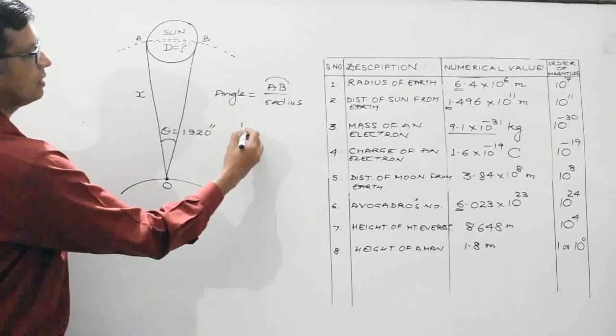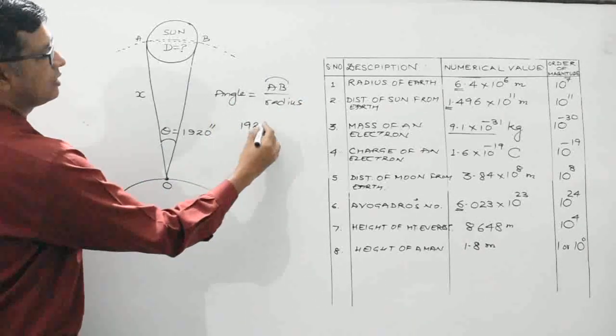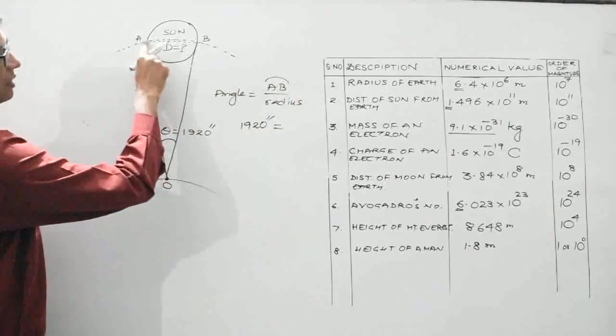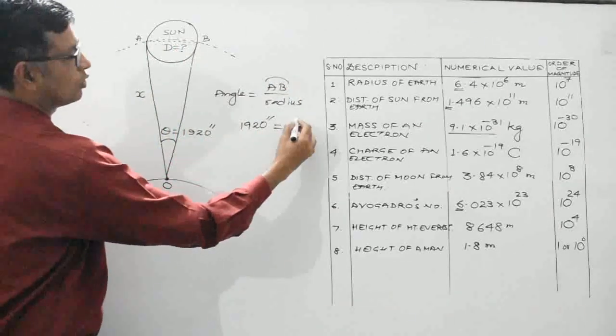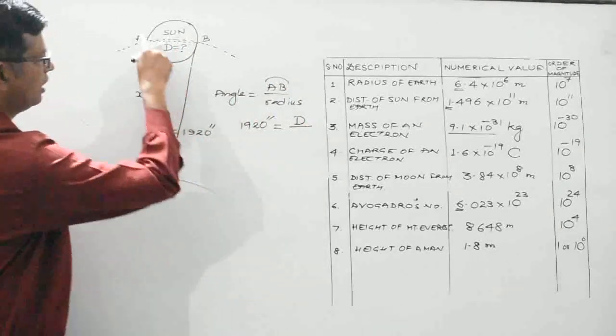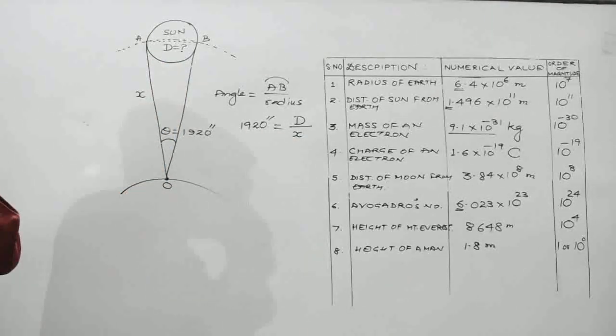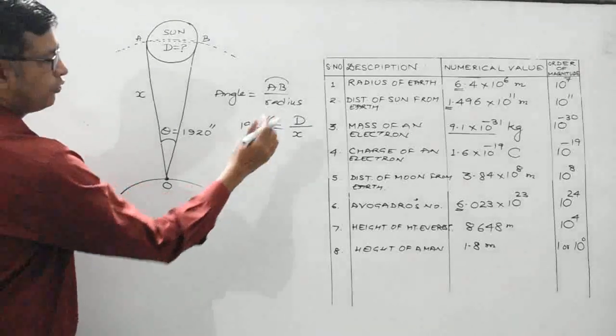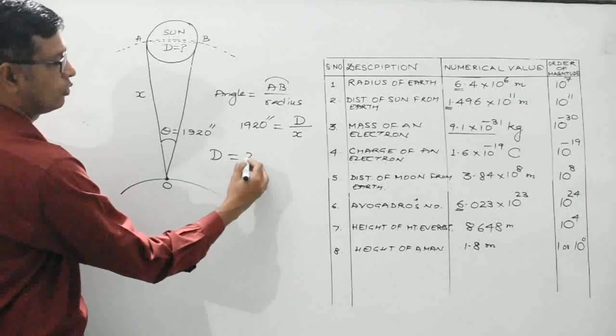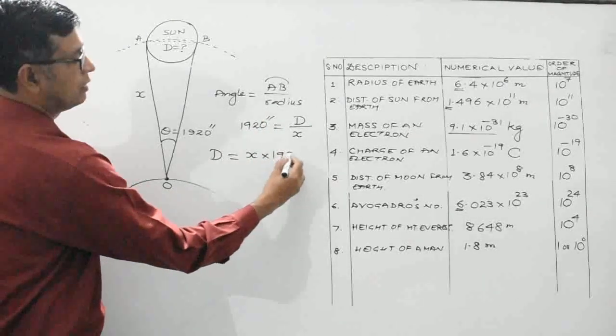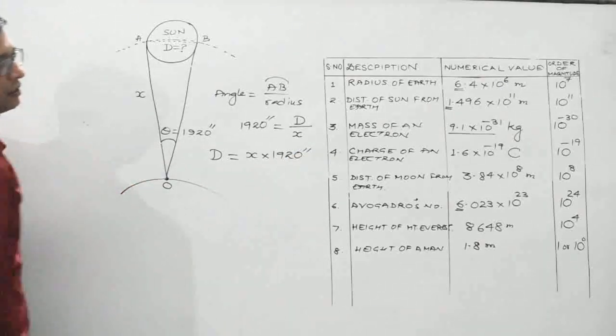The angle subtended is 1920 seconds. The length of this arc is equal to the diameter of the sun. And the radius is the distance of the sun from the earth. We need to find d. So d would be equal to x multiplied by 1920 seconds.